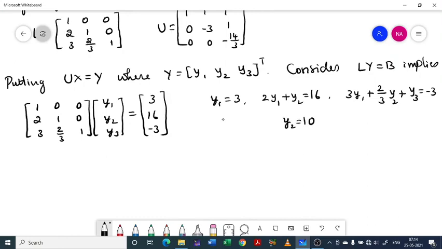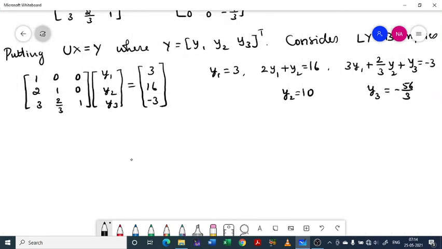Then substituting the values of y1 and y2 in the last equation and simplifying, we will be getting y3 equal to minus 56 by 3. You can check this later. I got minus 56 by 3. You can check whether you also get the same. Now we got Y, right.